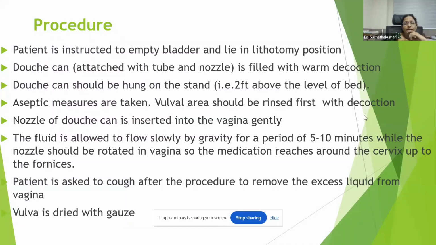inside the vagina, and the fluid should flow very slowly. The 1500 or 1000 ml of fluid.